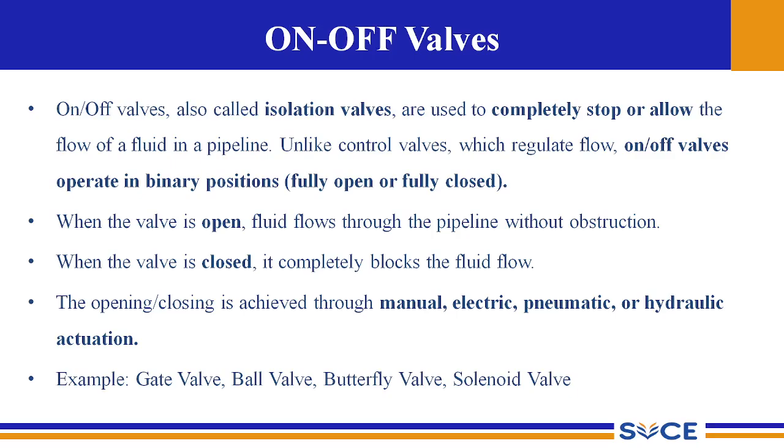Examples of on-off valves are the gate valve, ball valve, butterfly valve, and solenoid valves. These valves completely stop or allow the flow and are not used to regulate it. When the valve is open, it allows the fluid to flow without any obstruction, and when closed, it completely blocks the fluid flow.